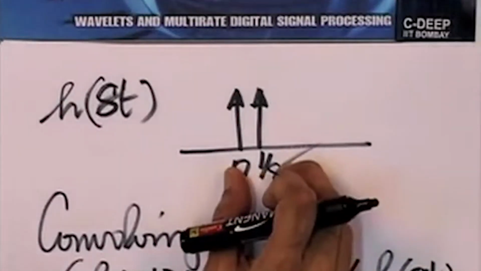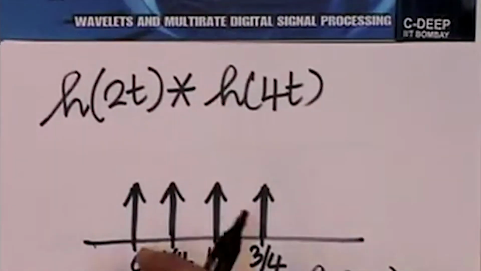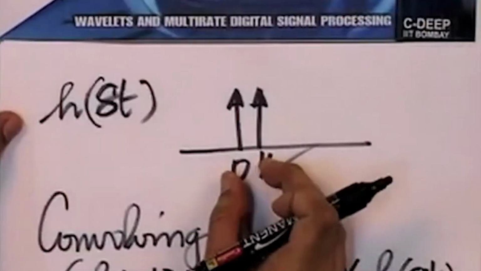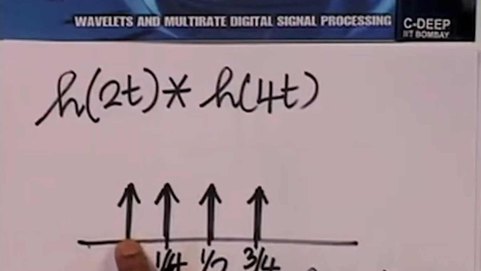Essentially, h of 8t has to be located here, here, here and here, and all these relocated h of 8t's should be added together. When you locate h of 8t here, you will get an impulse at 0 and 1 by 8 here in the middle.